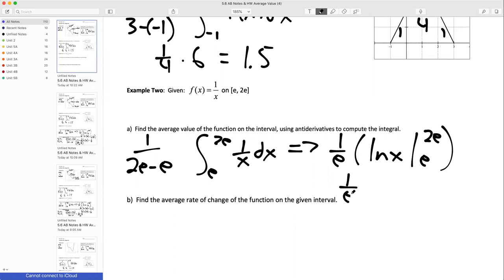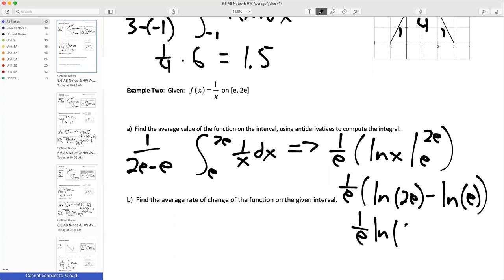So I've got 1 over e times the ln of 2e minus the ln of e. And let me distribute just a little bit. So this will give me 1 over e natural log of 2e minus, what's the ln of e?